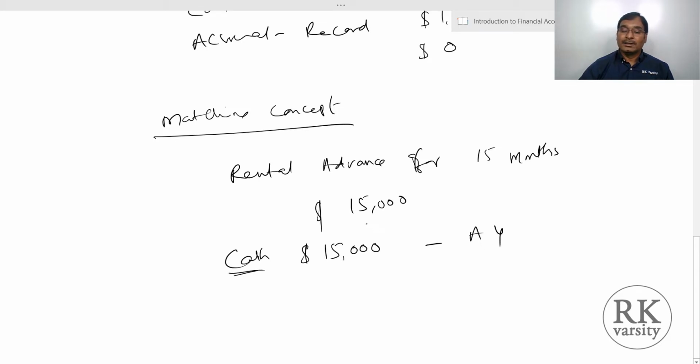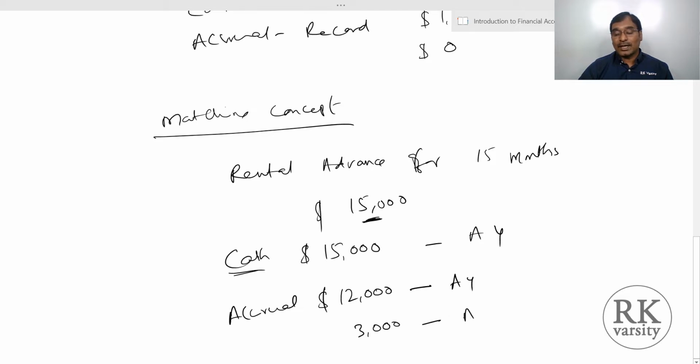However, of this, 3 months' rent belongs to the next accounting year. So in accrual basis, we recognize the expenditure which is incurred for this financial year. That is $12,000 for this current accounting year, and the remaining $3,000 we show as an asset, and this amount is adjusted in the next accounting year.